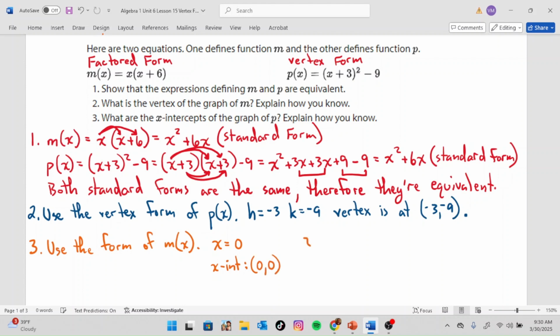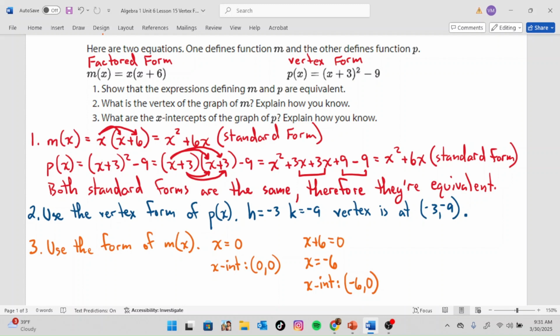And we're going to say x plus 6 equals 0, which means x must be negative 6, because negative 6 plus 6 equals 0, which means the other x-intercept is at the point negative 6, 0.